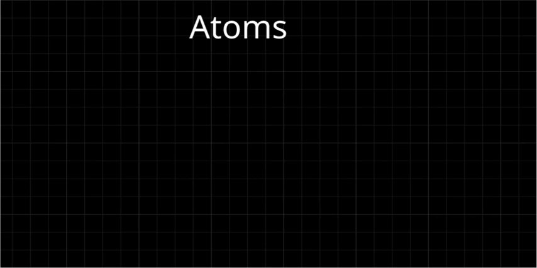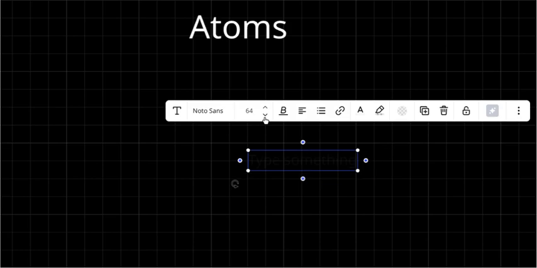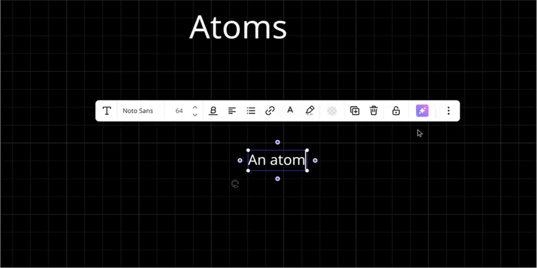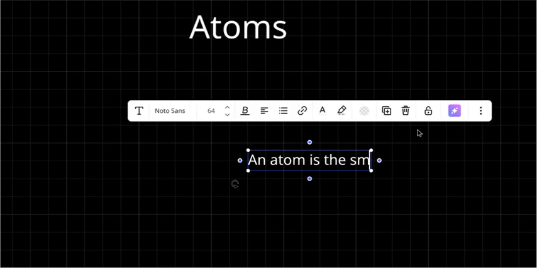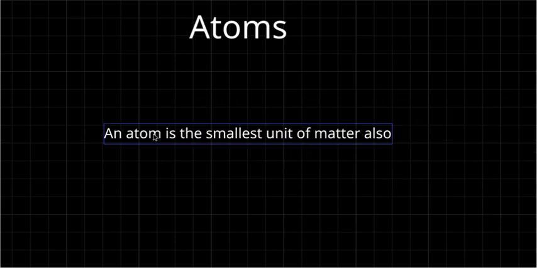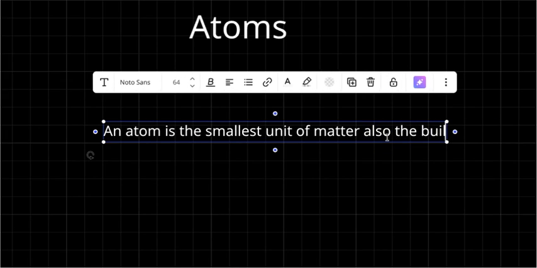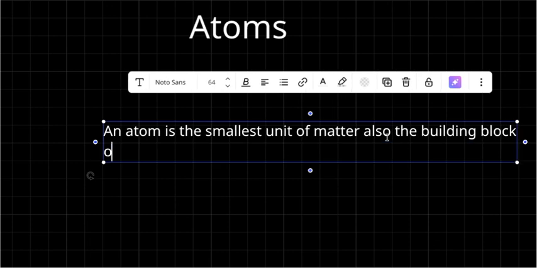What is an atom? An atom is the smallest unit of matter, also the building block of everything around us.